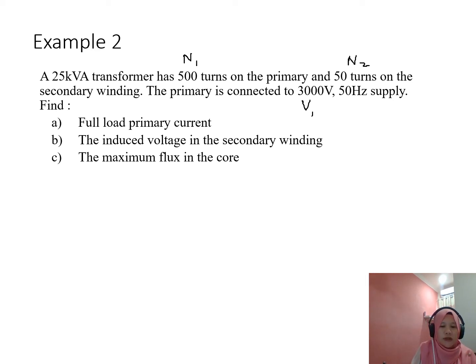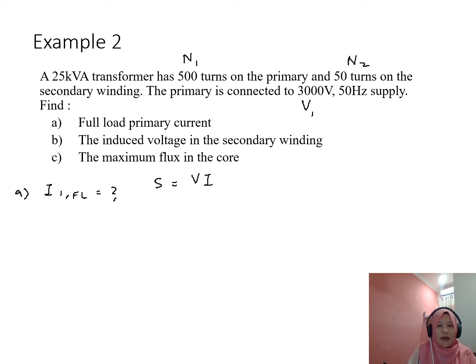For the solution, part A is to calculate the full load primary current, which is I1. We know that S is equal to VI, and from here we can calculate the full load current.